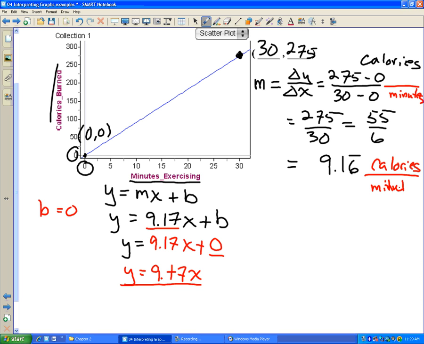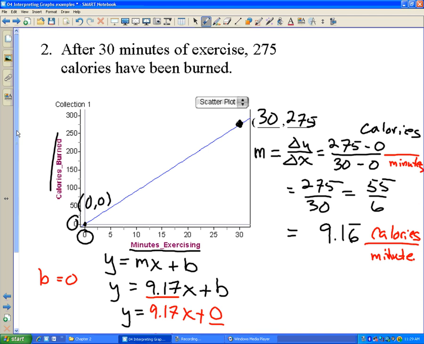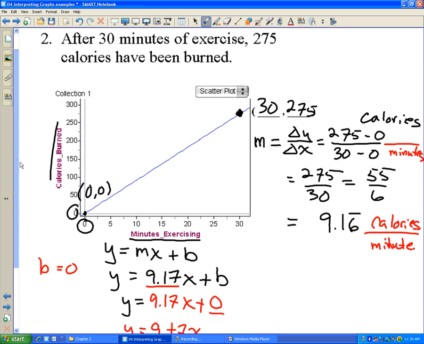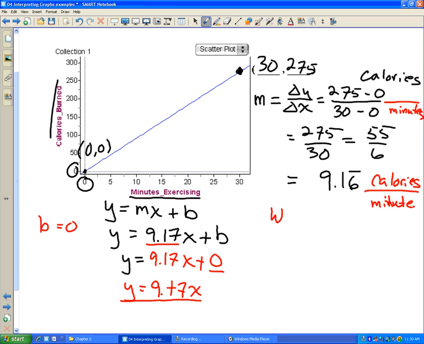So my real world meaning of the slope is that we burn 9.17 calories per minute while exercising.